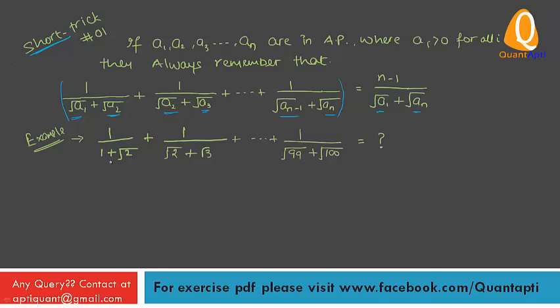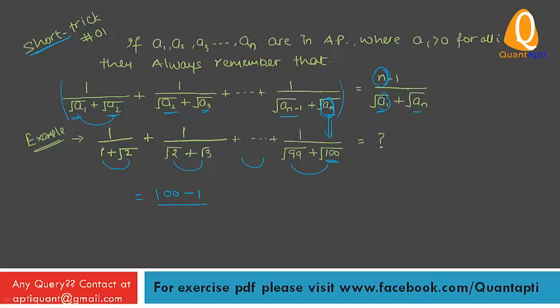Check there: 1 upon (1 plus root 2) plus 1 upon (root 2 plus root 3) plus 1 upon (root 3 plus root 4) plus 1 upon (root 4 plus root 5) and so on up to root 99 plus root 100. So the value is given by n minus 1, where n is the number of terms, given by the maximum term an. If we compare an by 100, then the number of terms is 100, so 100 minus 1 upon a1.